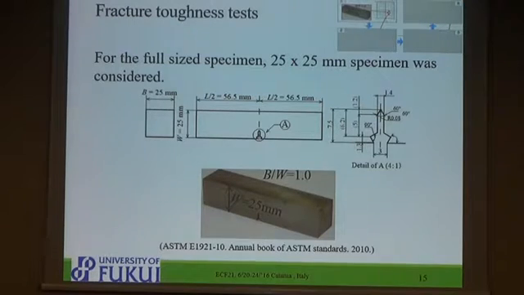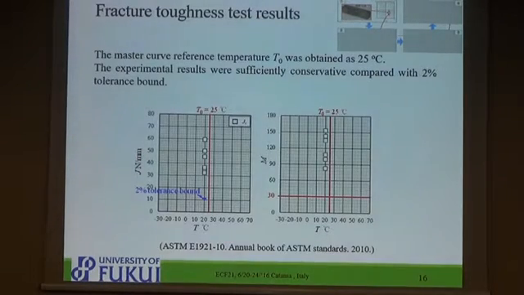The fracture toughness tests were conducted in accordance with ASTM E1921. For the full-size specimens, a 25 square millimeter specimen was considered. From the fracture toughness test results, the master curve reference temperature T0 was obtained as 25 centigrade.